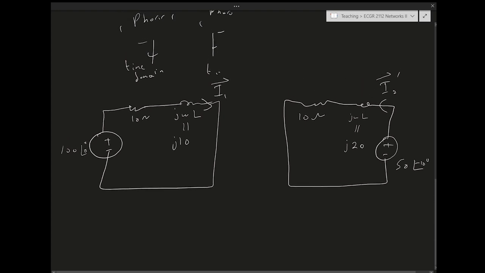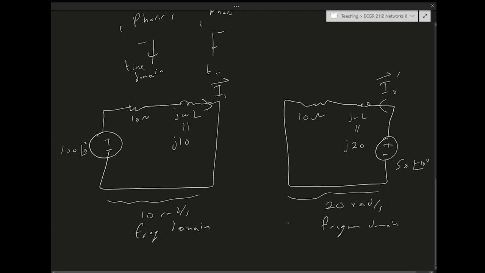Right? So between those two superposition circuits, notice that the impedance of the inductance is different because the frequency is different. Okay, so the phasors in this circuit are in the 10 radians per second frequency domain, and the phasors in this circuit are in the 20 rad per second frequency domain.